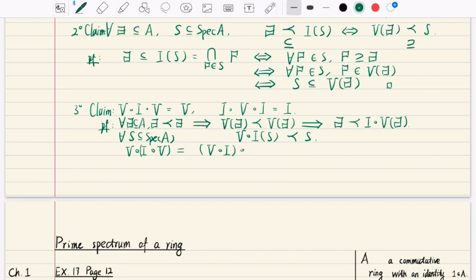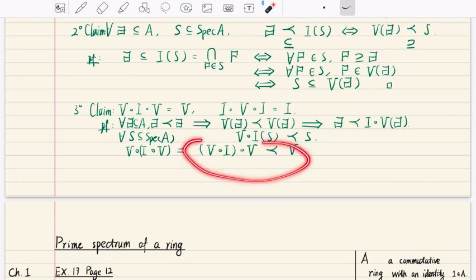We first compose V and I, and then compose V. And by this inequality, this one is smaller than V. This means if we put any ideal here, the same ideal, this inequality holds.